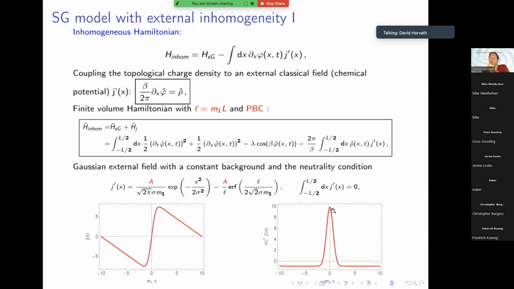And if you impose this neutrality condition, you can ensure that the ground state of your inhomogeneous system is in the topologically neutral sector, which is, for many reasons, the most natural or the most convenient to look at. So this is the inhomogeneous chemical potential, and it's crucial that we will be able to tune the amplitude of this Gaussian.